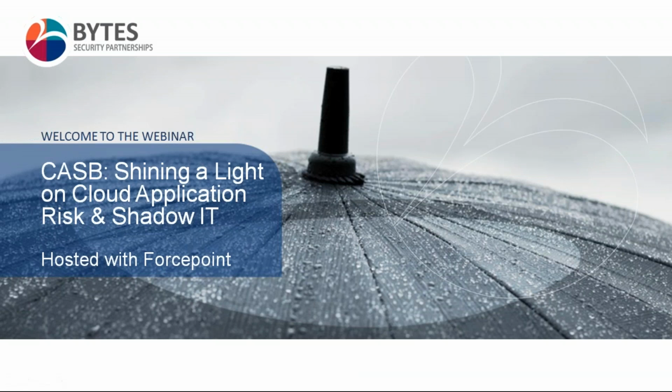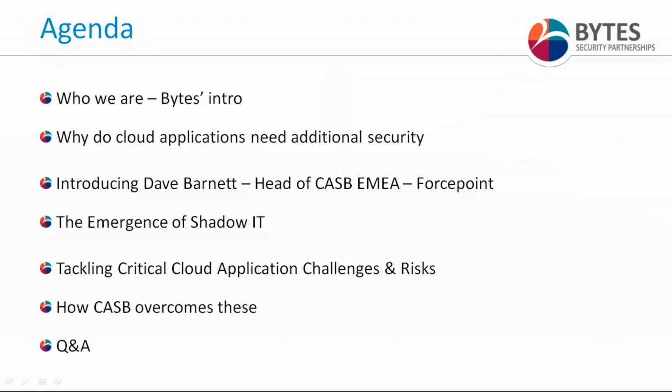Just to give you a quick overview of the agenda for today's session, I will do a short introduction to Bytes. I will keep it short, as I know many of you already know us, and then do a little bit of introduction in terms of setting the scene for today's session. I'm talking around why cloud applications need additional security and some of the challenges that the cloud transformation movement has brought.